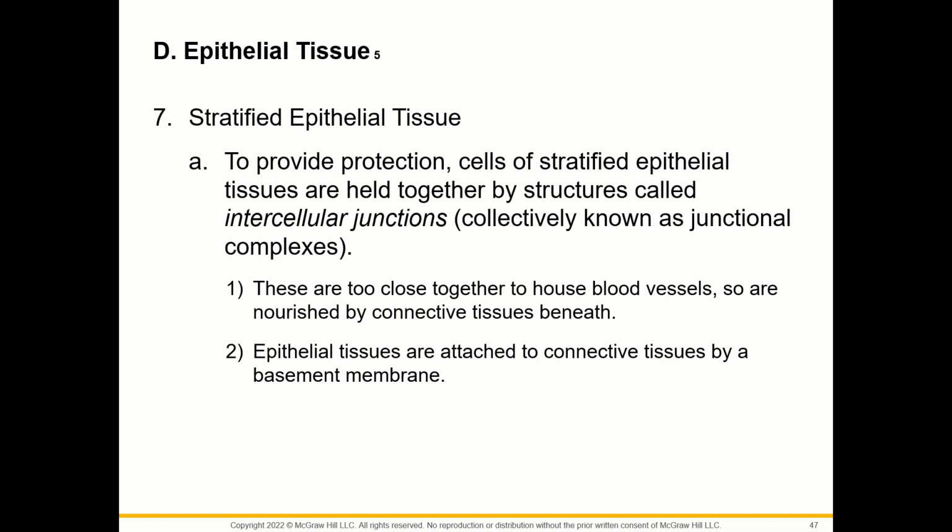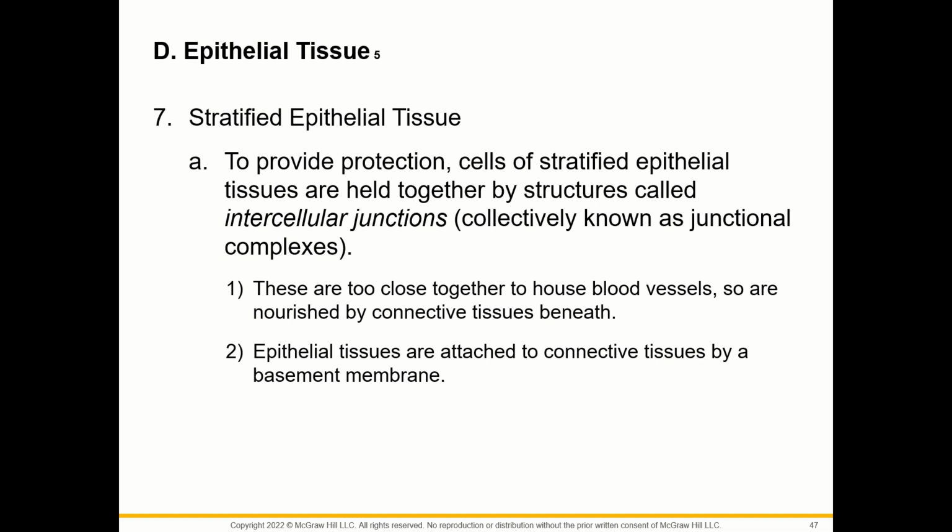So the epithelium is nourished by connective tissue beneath. However, as we get farther up towards the surface layer, these cells become farther away from the connective tissue and they die. And it's okay because these top layers are for protection and they get sloughed off anyway, and then they're replaced by the basal layers below.